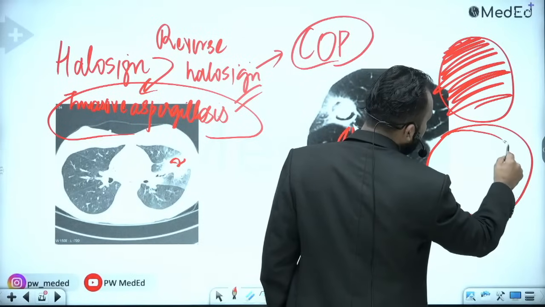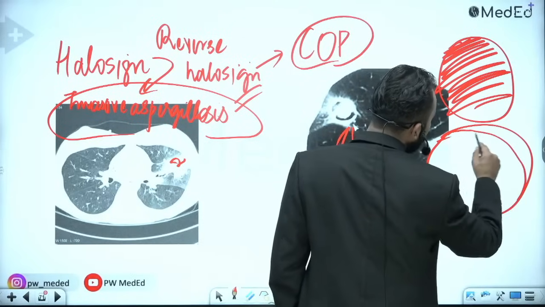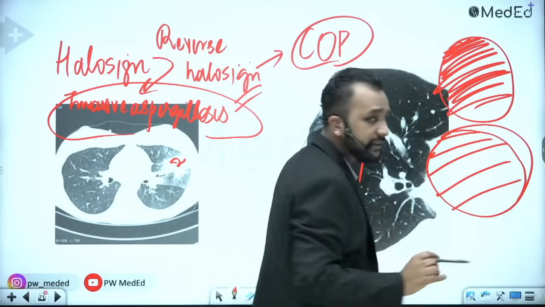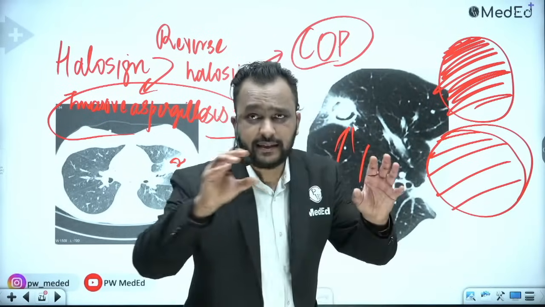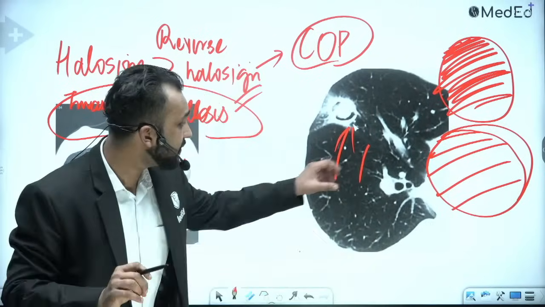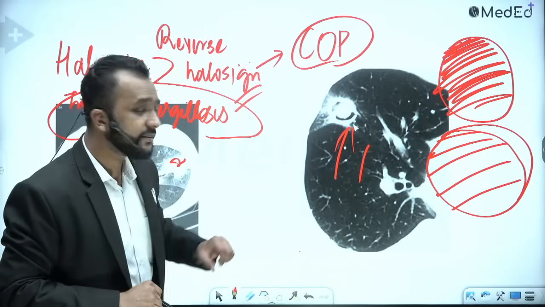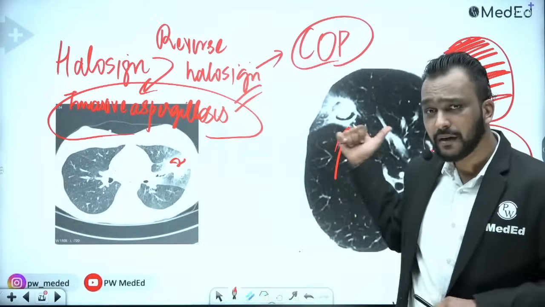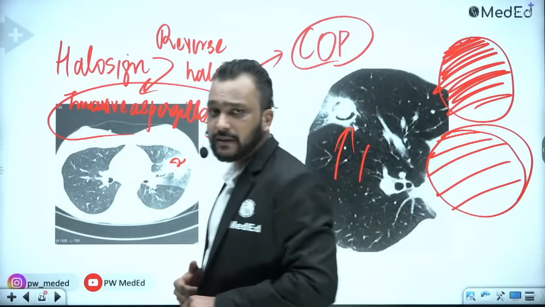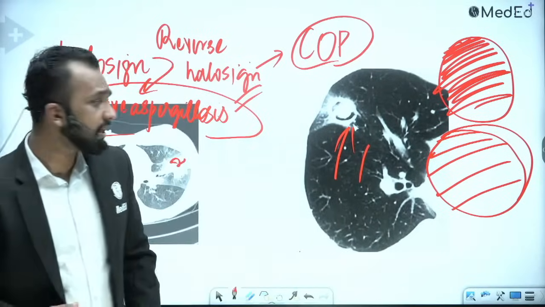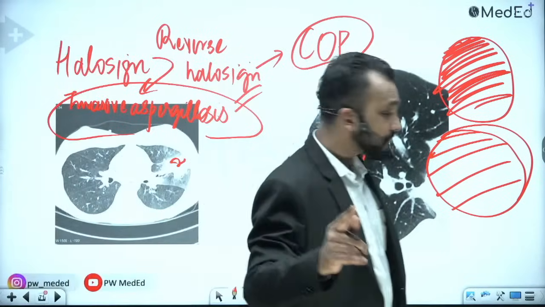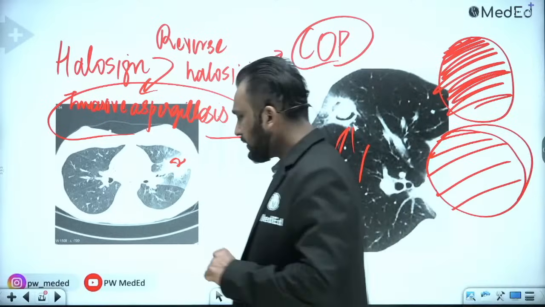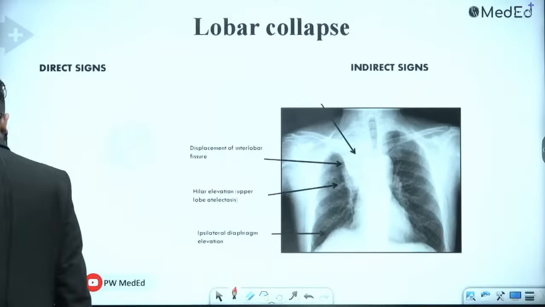When this infarcted lung tissue retracts, it will give a crescentic shaped air around it. And this is known as air crescent sign. So just remember that Monod sign, which is very similar to this, will be seen in a patient with fungal ball. And your air crescent sign will be seen in a patient with invasive aspergillosis.